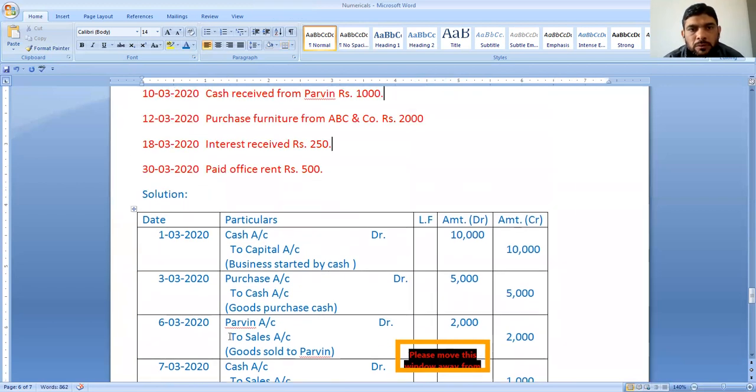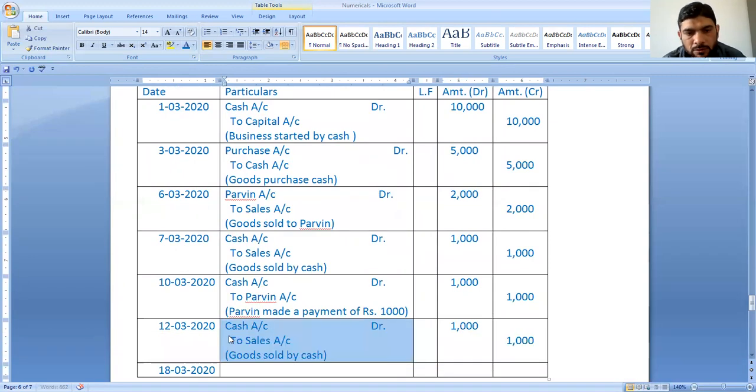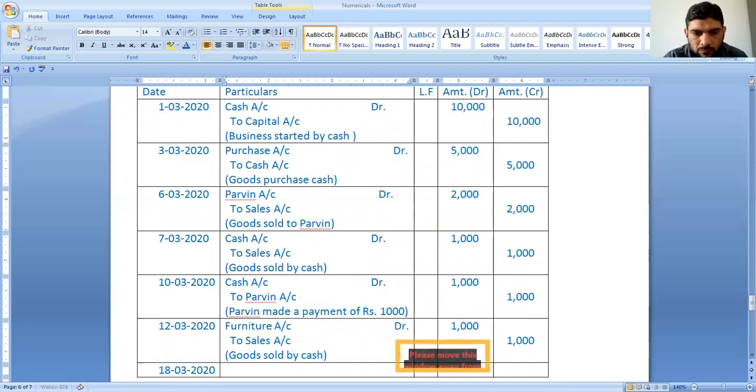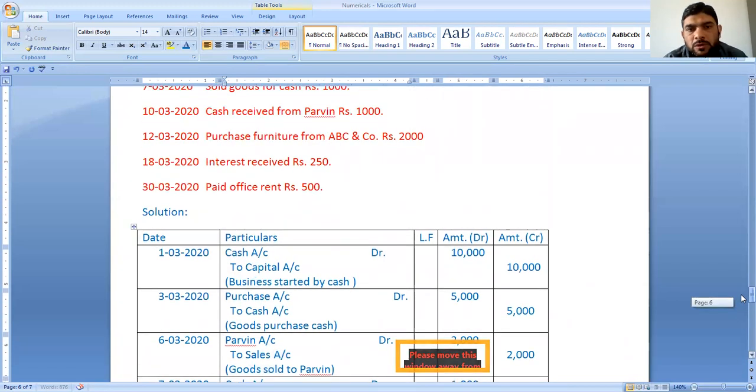Next one is 12th, purchase furniture from ABC and Company. That means we have purchased furniture from ABC and Company. So furniture is an asset for the business. Furniture account will be debited and ABC and Company will be credited, as the payment has not been made to them.